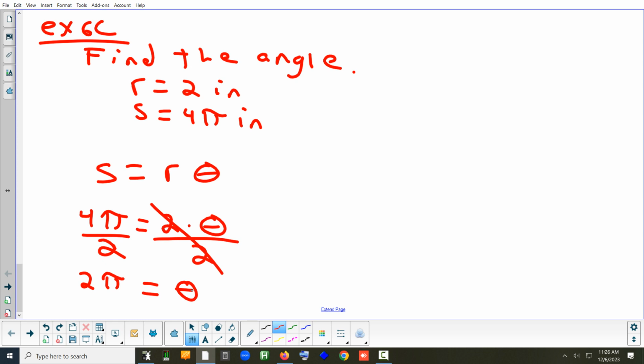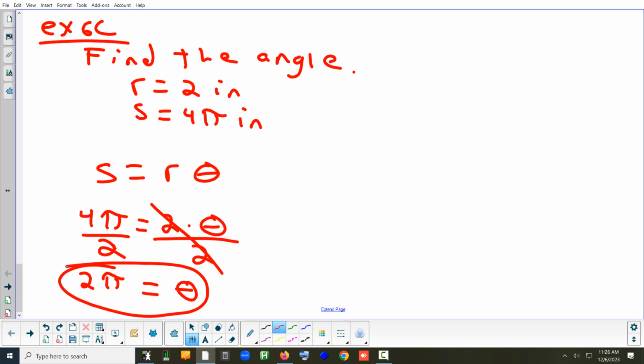Nope, not inches. I mean, 2 pi radians. So do I need to write anything down after the 2 pi? No. Because the way you tell the difference is in the degrees or lack of the degree symbol. So you don't put anything if it's in radians. You just write the number.